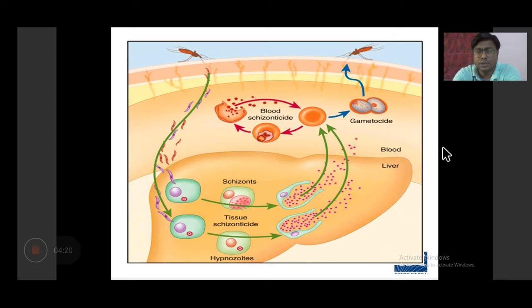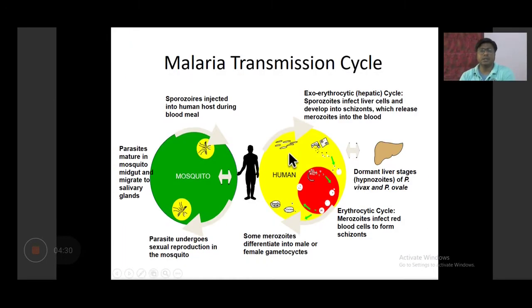This life cycle of Plasmodium, I hope you all already know and have read from the microbiology book, which is very important to know. So this is the malaria transmission cycle again. If we start from mosquito to human, sporozoites are injected into the human host during the blood meal.